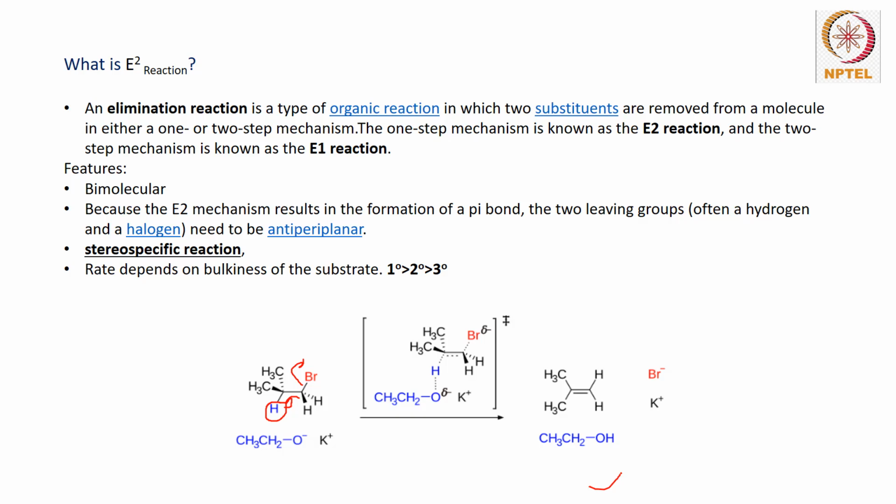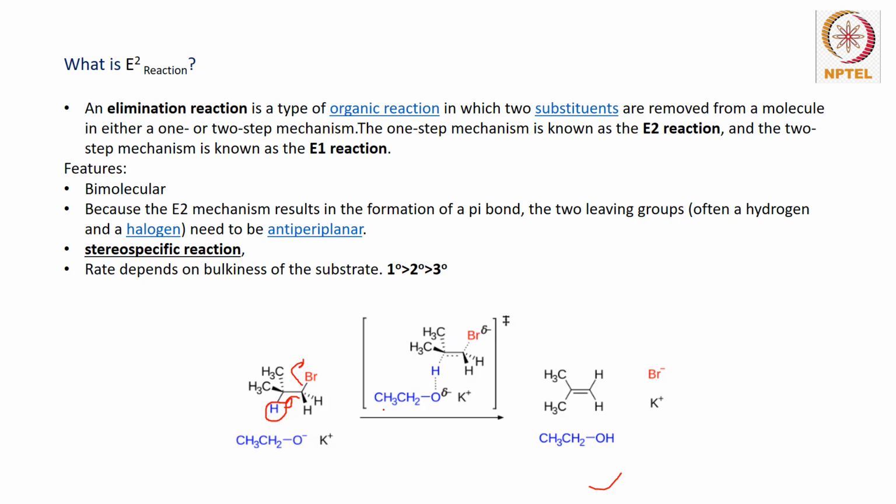Understood? So specifically in case of SN2 substitution, the leaving group and incoming nucleophile should be anti, and it should approach from the opposite plane of the leaving group. In case of E2 elimination, the eliminating hydrogen should be anti-periplanar to the leaving group.